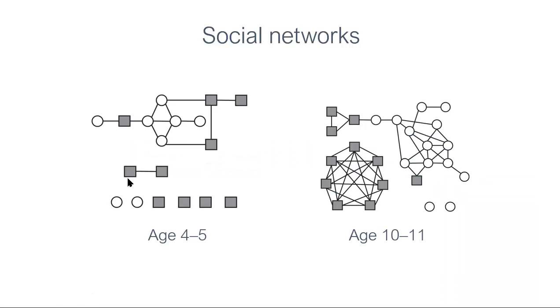So here are some examples of social networks. You can see that the boxes and circles, I think, indicate male or female, and these are the social connections between these males and females. All right, so these two interact strongly, these two interact strongly, etc. Here we have what's called a clique.